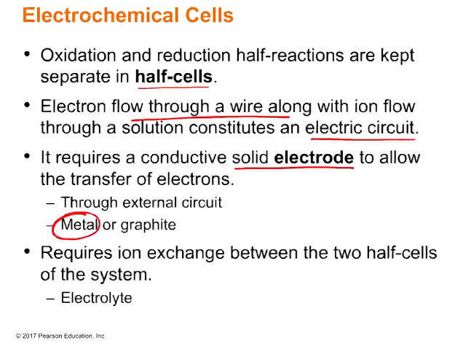So we might use, for instance, graphite, which is what we call pencil lead, but that's kind of a misnomer because the pencil lead, quote unquote, is actually graphite. And we'll talk more about that later. But we do need some sort of solid in order to allow the transfer of electrons. So here I'll write down below copper, zinc in the previous example.